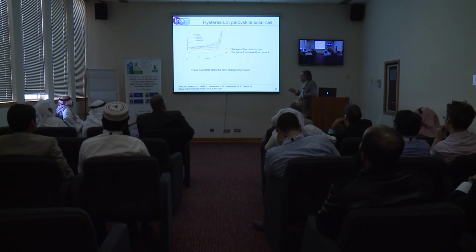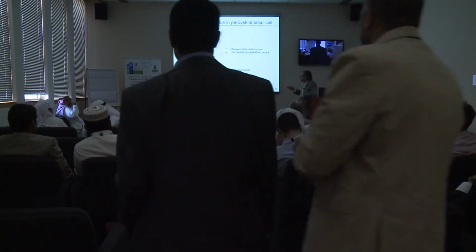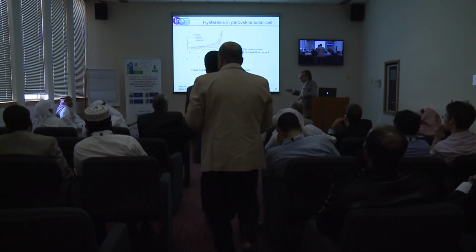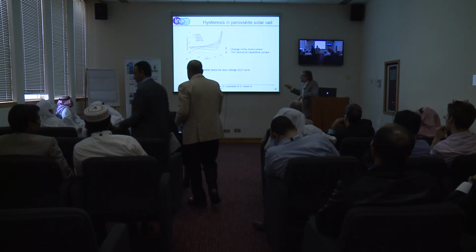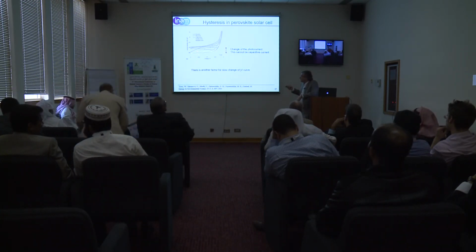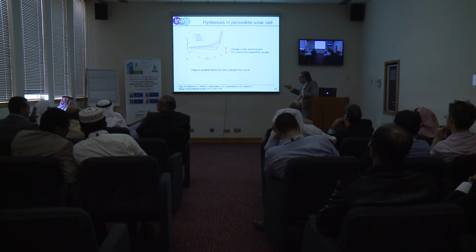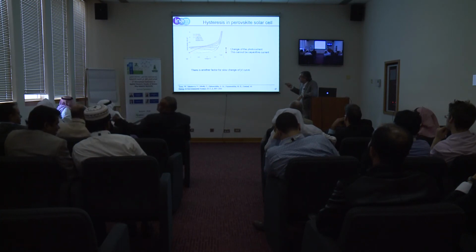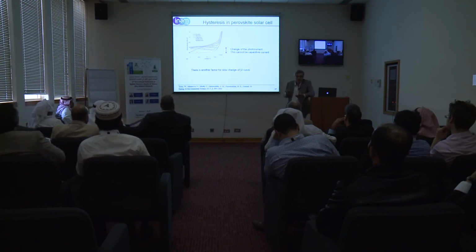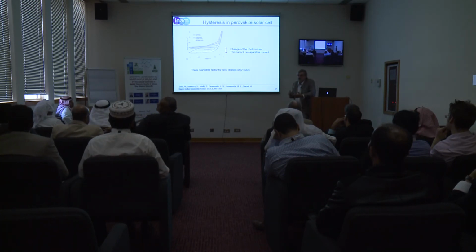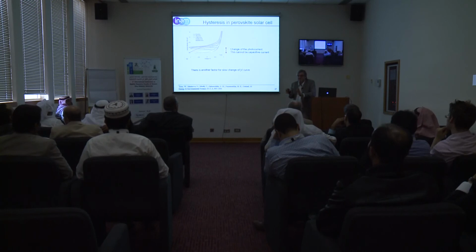For example, this is the paper by Bourgeois, Grätzel and others, and here. So yeah, this is your paper. So that you see here that you're moving the current by scan velocity from here to here. So this cannot be capacitive current because it's not an added current. This is that you are changing the operation of the steady state current somehow.